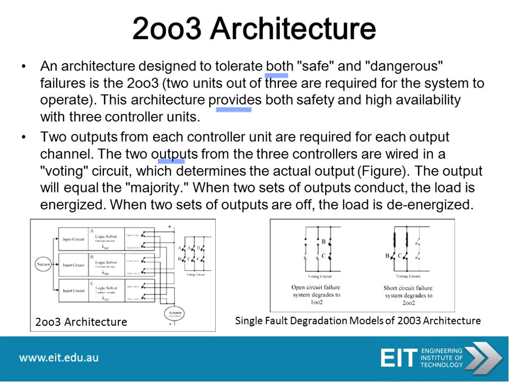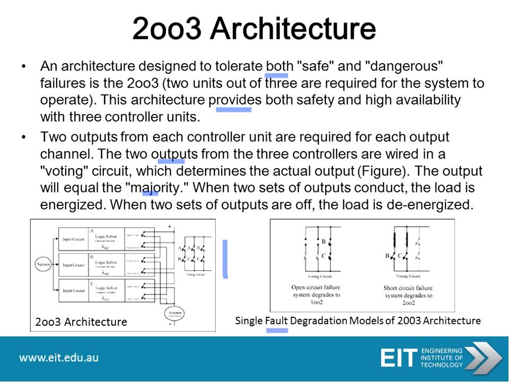So your output will equal the majority. When 2 sets of outputs conduct, the load is energized. When 2 sets of outputs are off, the load is de-energized. And this is showing you the 2oo3 architecture on the left-hand side.